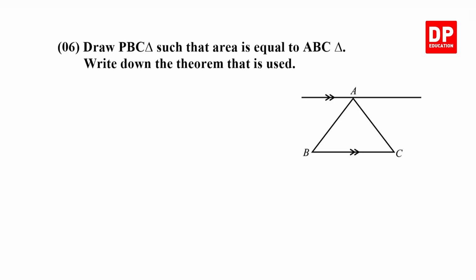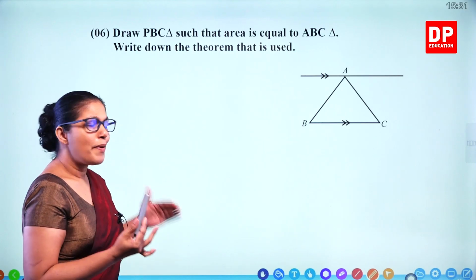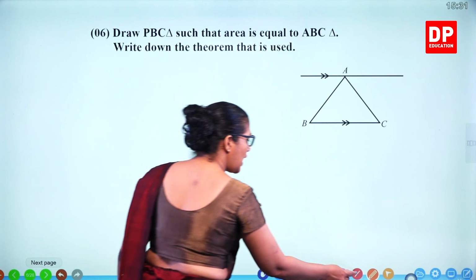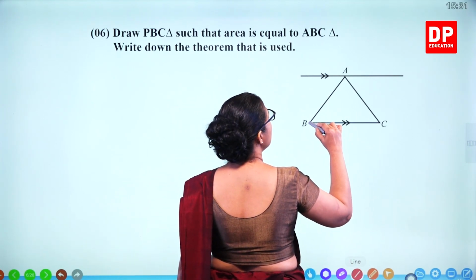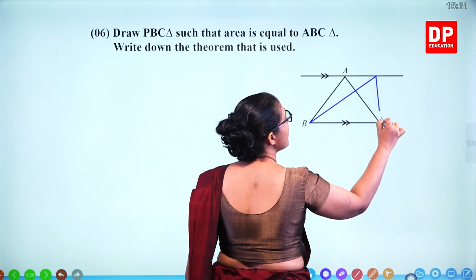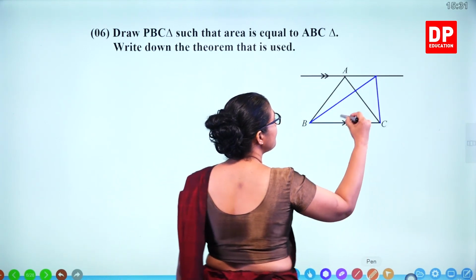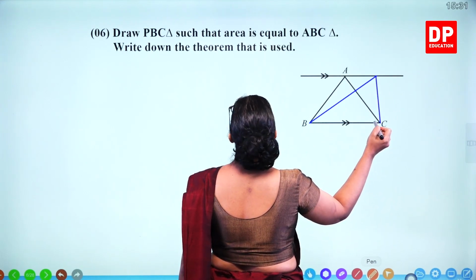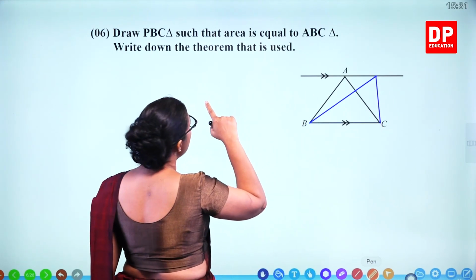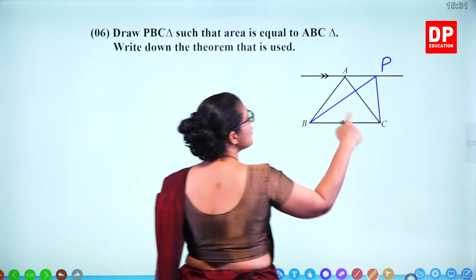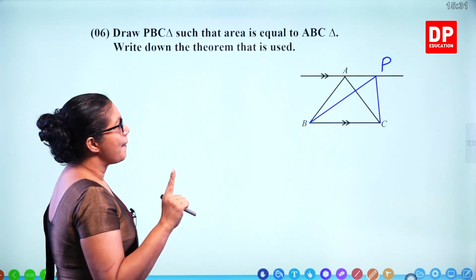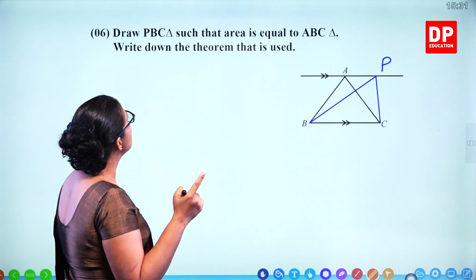Question number 6. Draw triangle PBC such that its area is equal to ABC. Write down the theorem that is used. 2 parallel lines are there. If you take the same base BC, you can draw any triangle that you like on the parallel line. So this one, we can write PBC, P, because BC is the base. So that's triangle PBC.